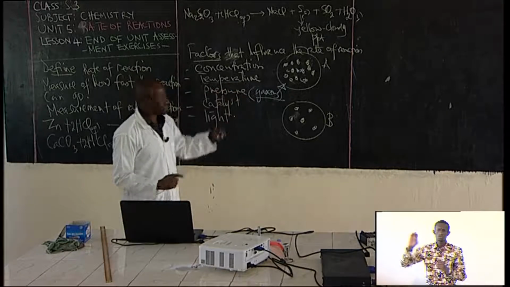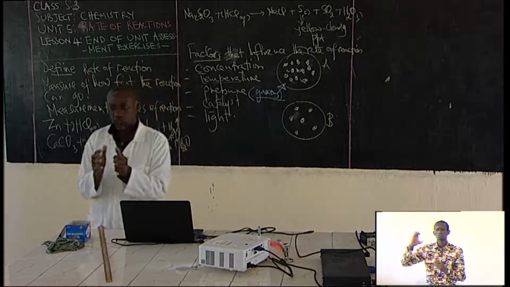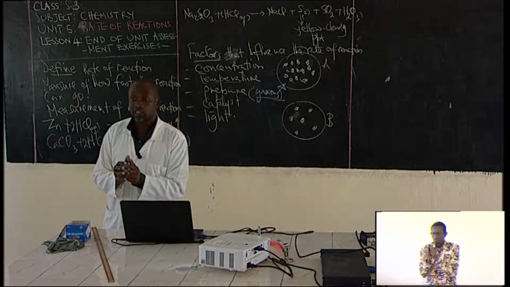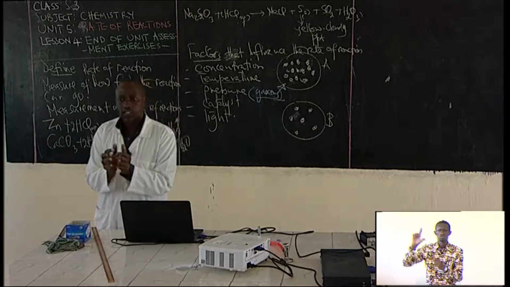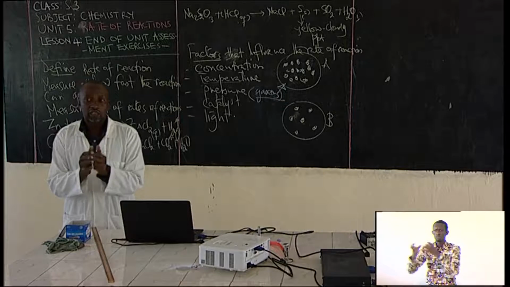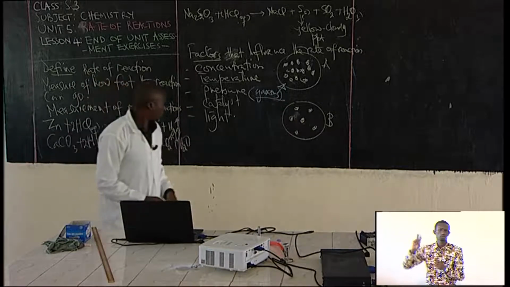It makes sense when the gaseous molecules are squeezed together in a small volume. What happens? Small volume means what? More particles coming close together. As a result, effective collisions take place and the reaction will be faster.